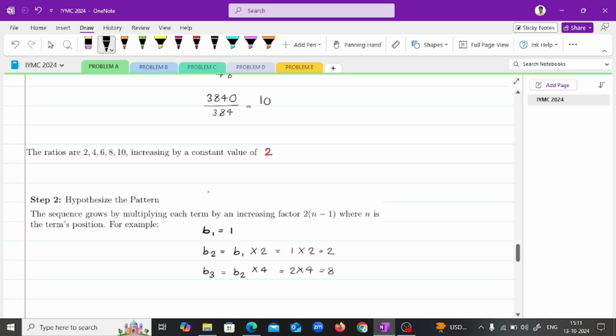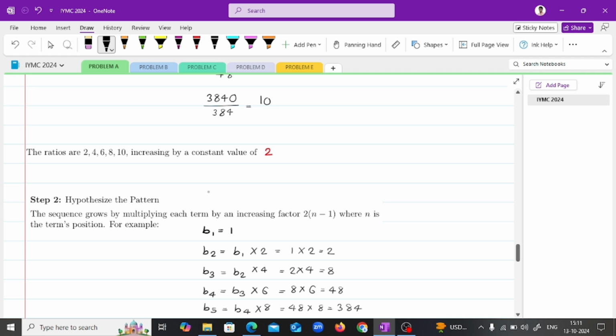Now we can calculate b4, that is the fourth term of the sequence, with the help of the third term of the sequence, that is b3. So b4 is equal to b3 into 6 is equal to 8 into 6 is equal to 48. Now we can calculate the fifth term of the sequence, that is b5, by using b4, that is b5 is equal to b4 into 8, which is equal to 48 into 8 is equal to 384.